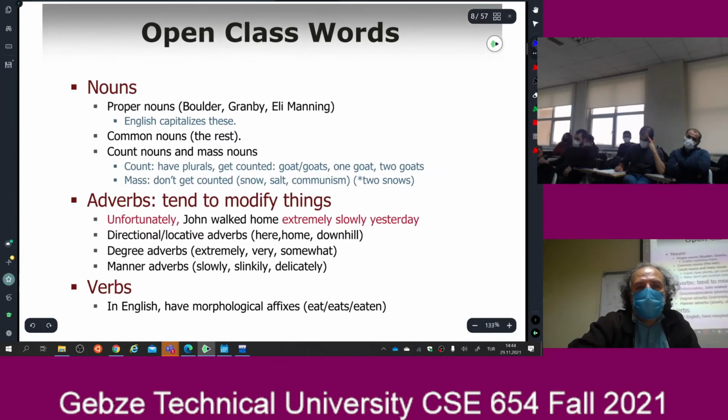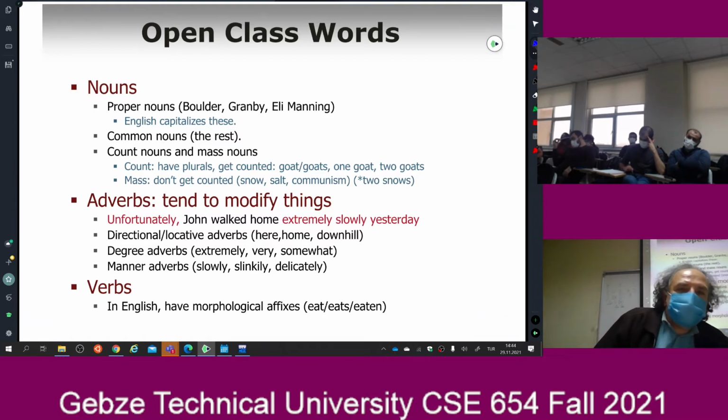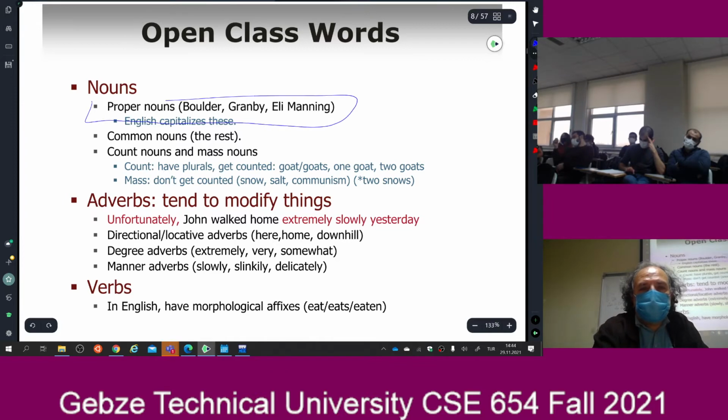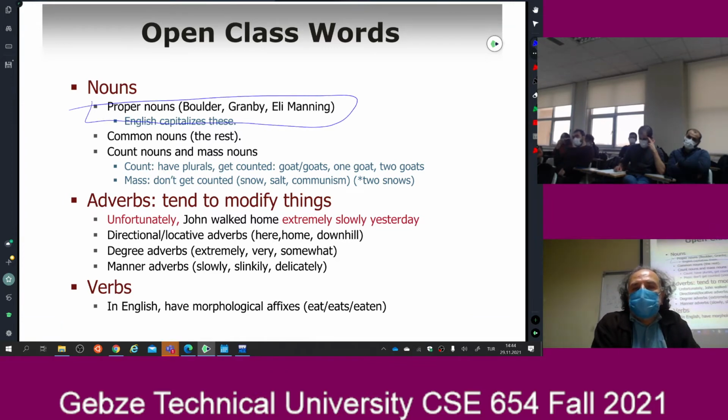So nouns, the open class. Inside the nouns we have proper nouns. Maybe this is the largest subset of the nouns, because in the world there are millions of human names, millions of village names, city names, names for periods of time, etc. You know that, right?